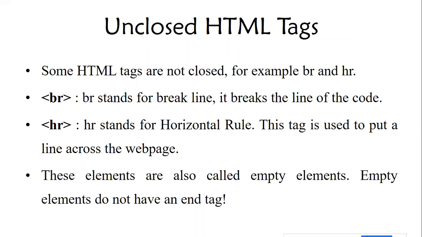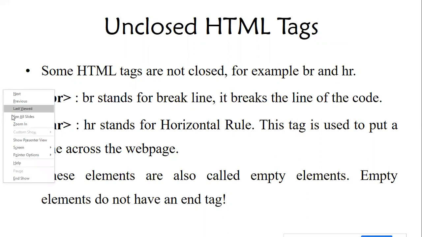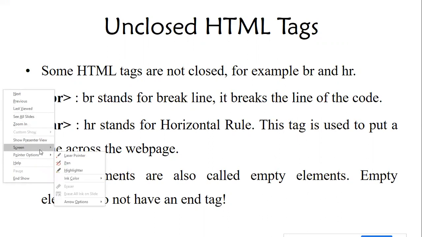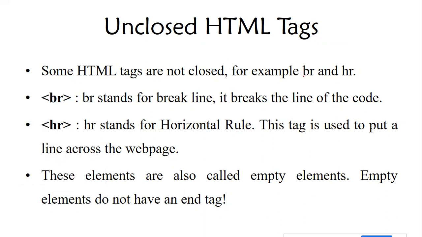Some of the HTML tags are not closed, for example break and horizontal rule. So BR and HR. BR indicates the line break, it breaks the line of the code. It is a single tag which is used to break the lines.